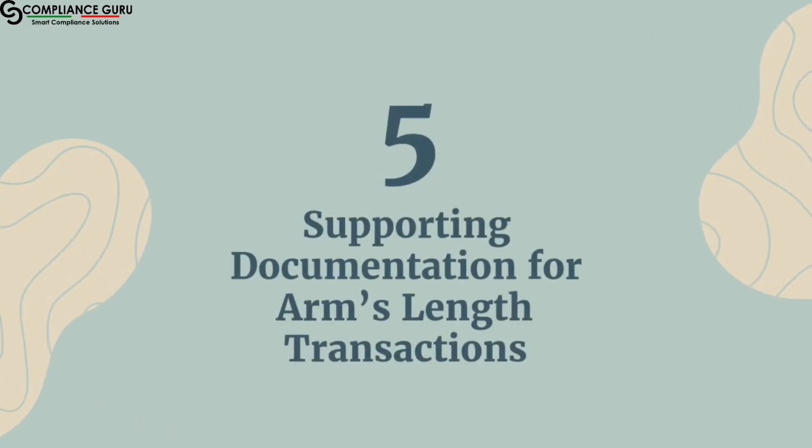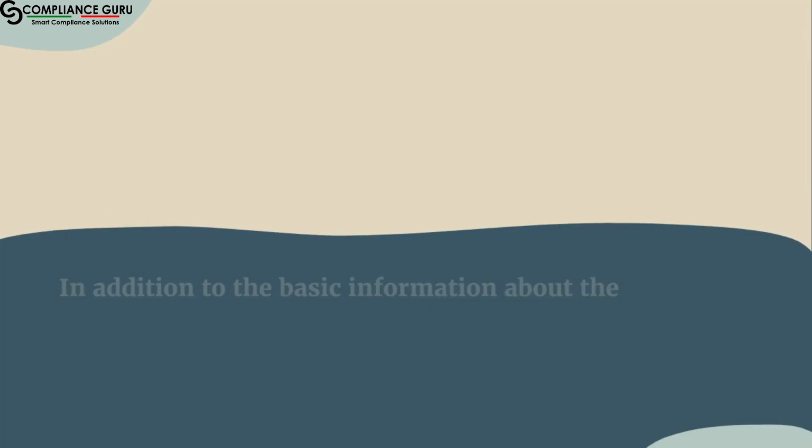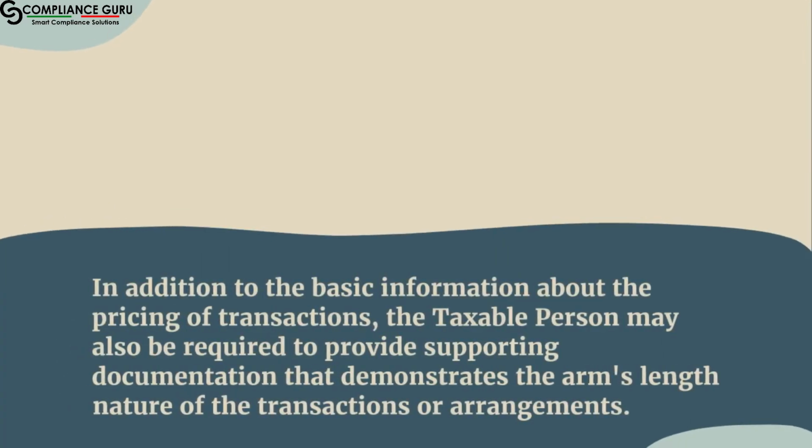5. Supporting documentation for arm's length transactions. In addition to the basic information about the pricing of transactions, the taxable person may also be required to provide supporting documentation that demonstrates the arm's length nature of the transactions or arrangements.